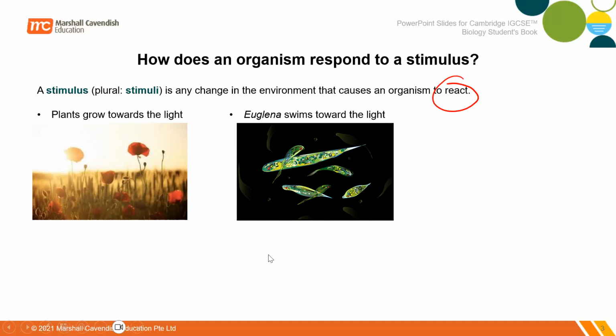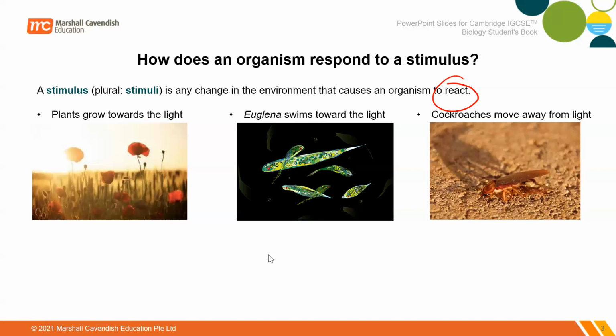So anything your body or any living organism responds to is considered a stimulus, whatever we are talking about: light, for example, for some organisms, or temperature, or while you are walking at home, if anything penetrates your skin, if you touch a hot pan, for example, all of this is considered a stimulus.